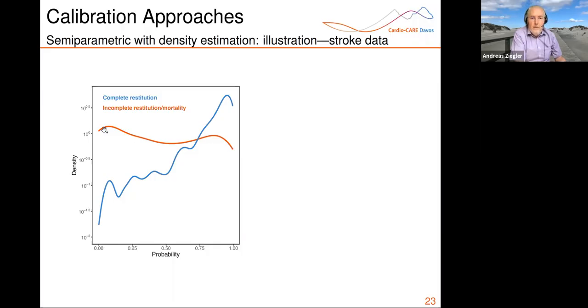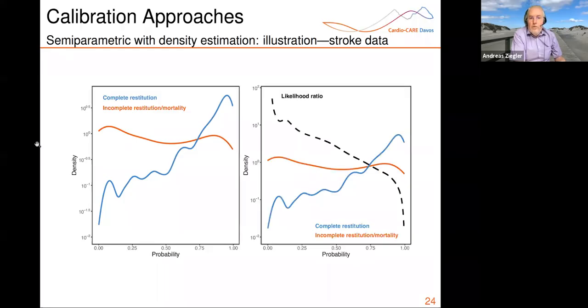This is the red line over here. And what we can now do is we can take the likelihood ratio, and you can see that crossing point where we exactly have a value of 1. And this, in fact, is our likelihood ratio function. And then these values for an estimated probability or an estimated linear predictor can be plugged into the formula I showed you on the previous slide.